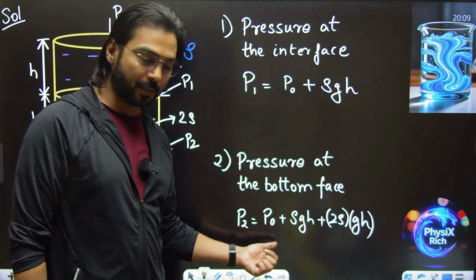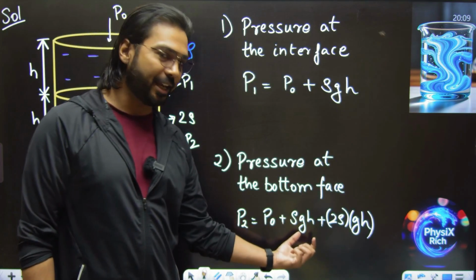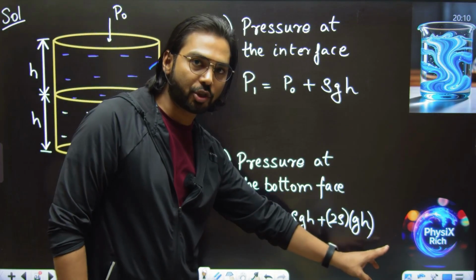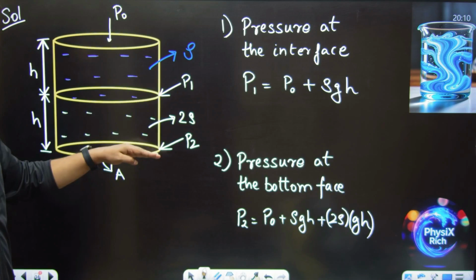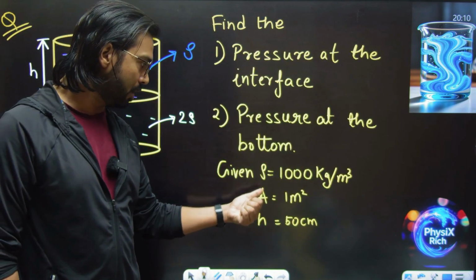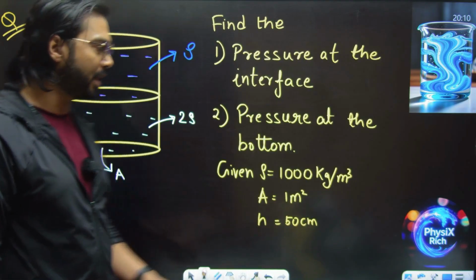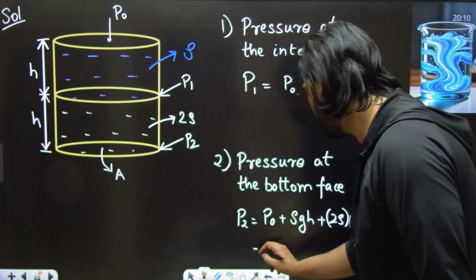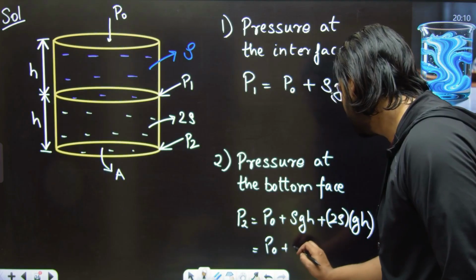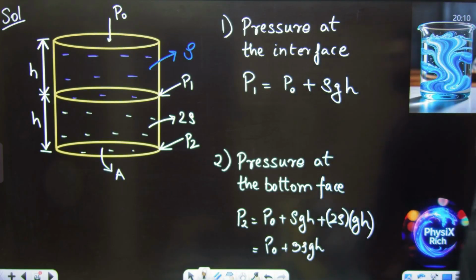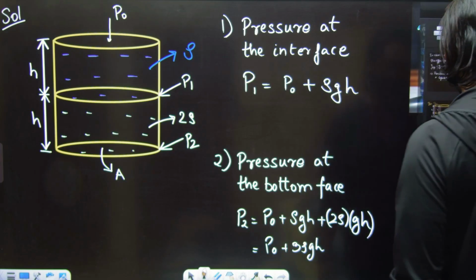There will be atmospheric pressure P naught, rho gH due to this liquid column, and 2 rho gH because of this further liquid column. I have given you the values of density rho, area and H. You can put them in and find that the final value of pressure at the bottom should come out to be P naught plus 3 rho gH.